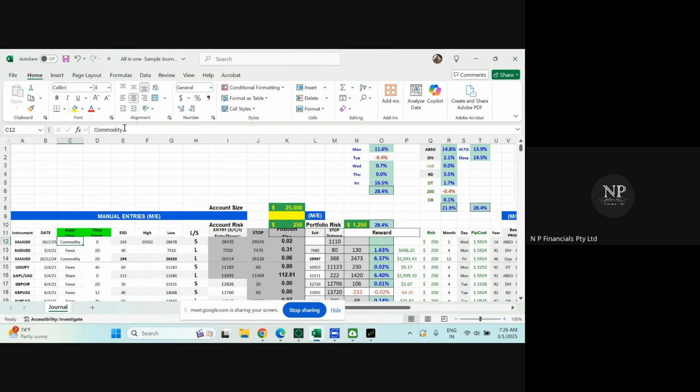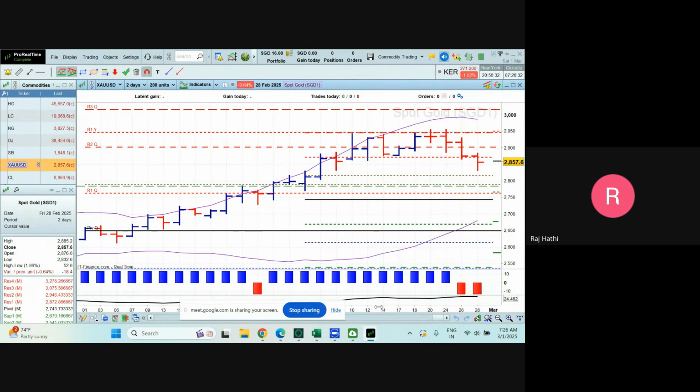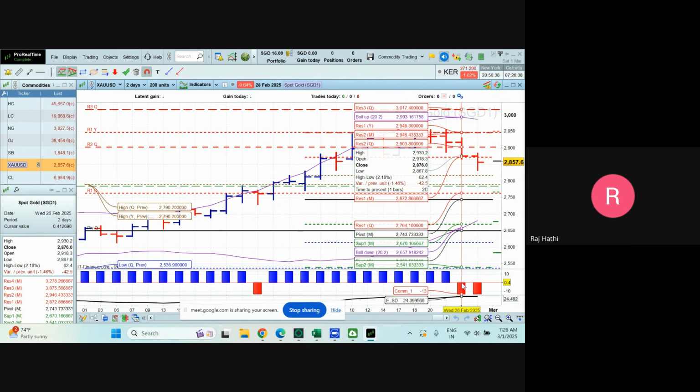And then we go to the chart and see the ESD. ESD was 243. For gold, we go one decimal place.